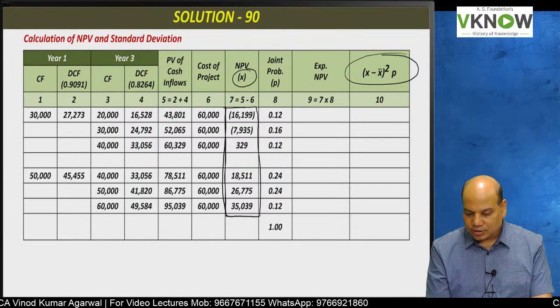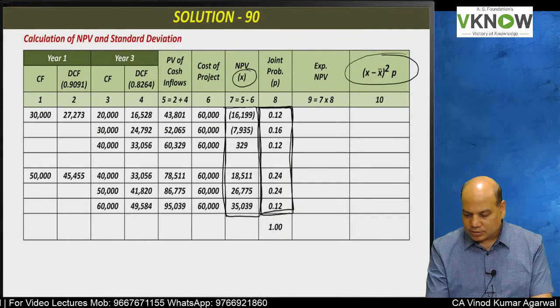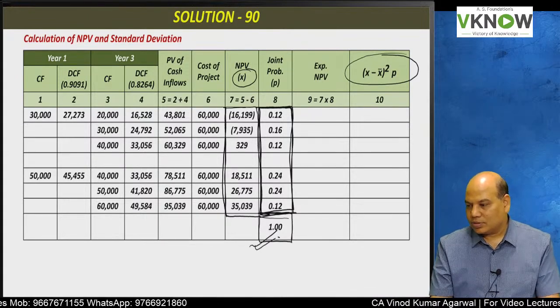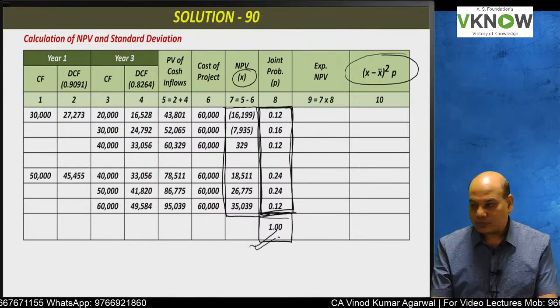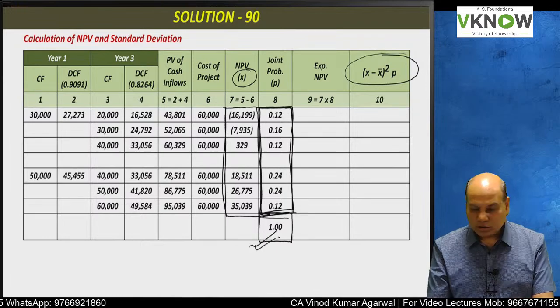For a cross check, take the total just to ensure that the sum of the probabilities is equal to 1. If you make any calculation mistake and the total is not 1, you will be able to understand. Is it right? Can we go to the next column now?